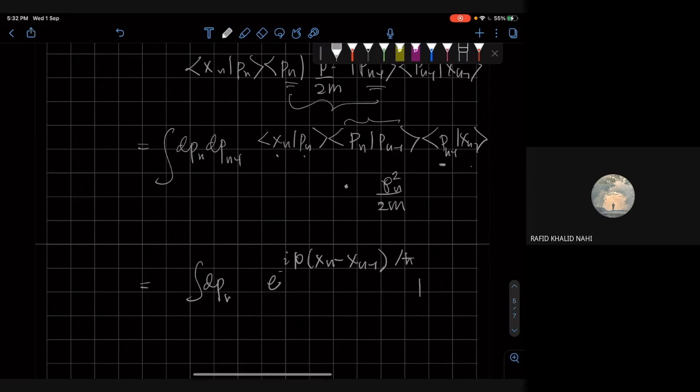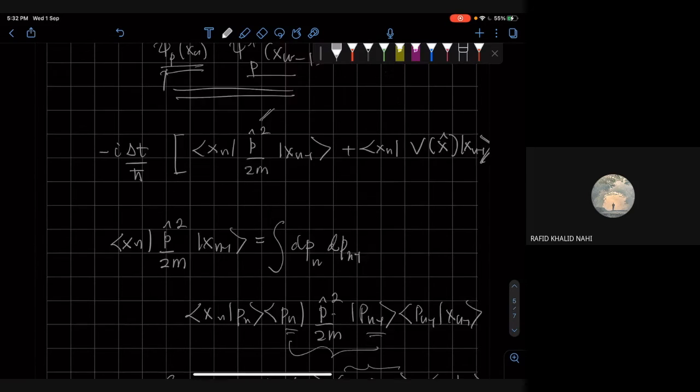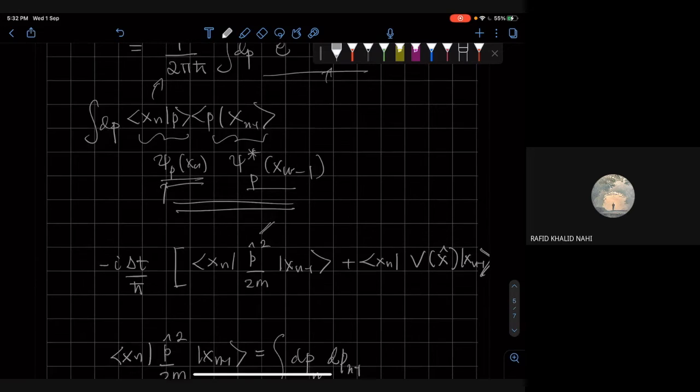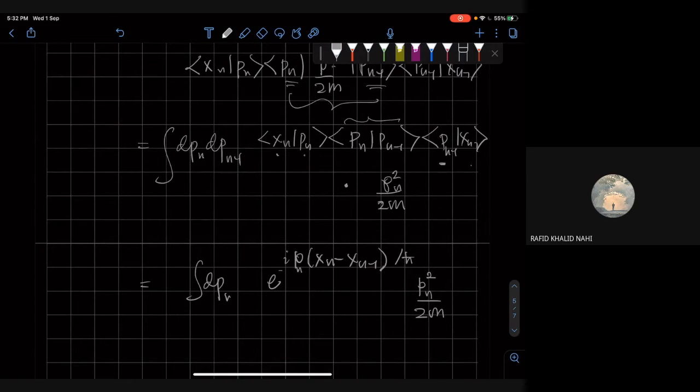And then there is also p squared over 2m. Let's not put n here, because it's an integration variable. It's a dummy variable, so we don't have to use the index here.